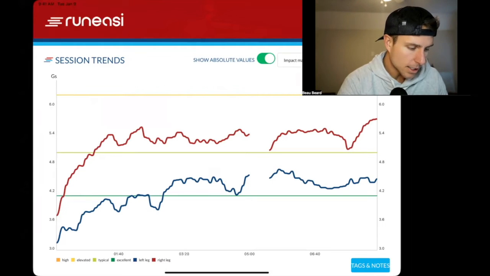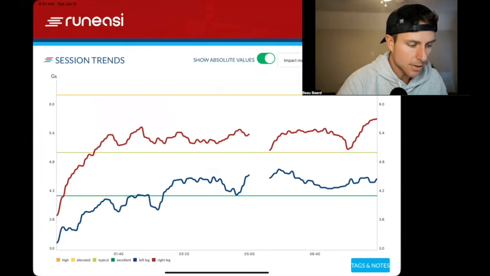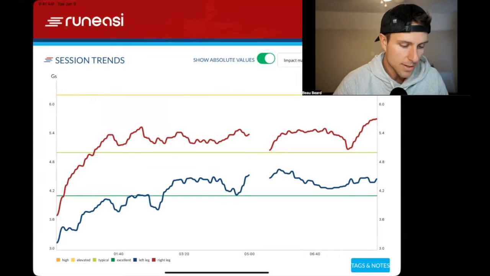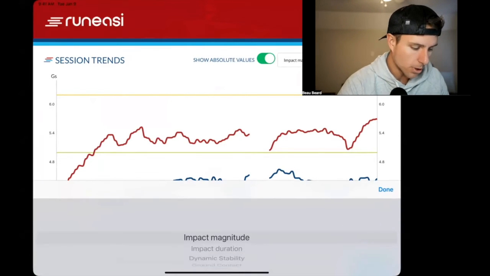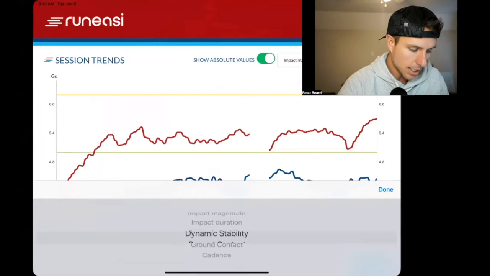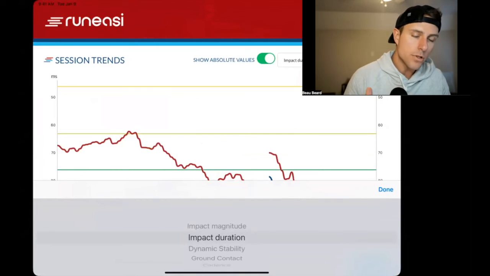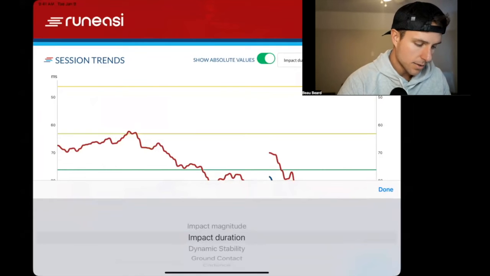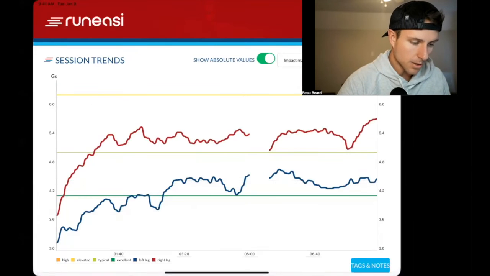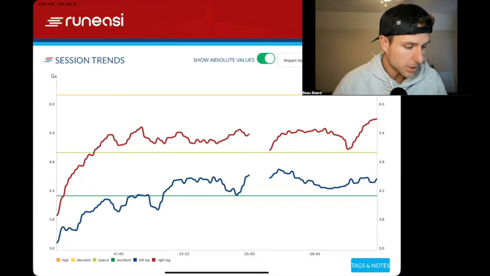So we have right leg on top and then left leg on bottom, and this is looking at impact magnitude. So this is how much force is being sent up to your pelvis, right? So this is the amount of force being picked up in the pelvis, and you can see the right is a lot higher than the left.